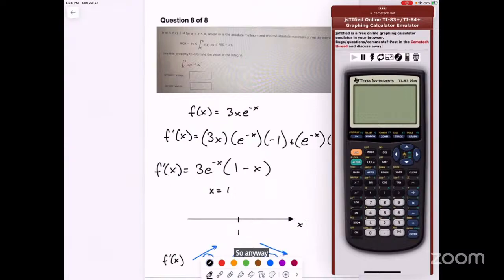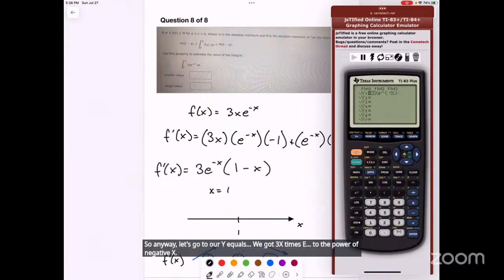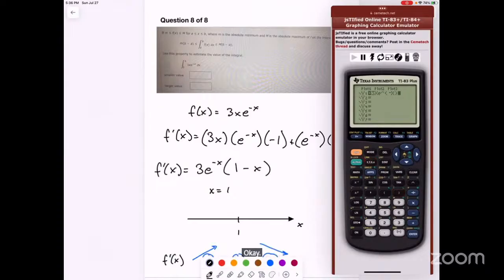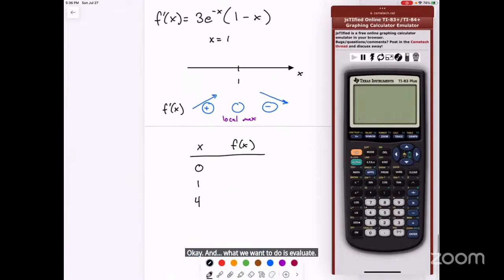So anyway, let's go to our y equals. We got 3x times e to the power of negative x, okay? And what we want to do is evaluate this function at these 3 values. I guess I could just do my table. So if I go to table set, I want the table to start at 0 and change by 1.